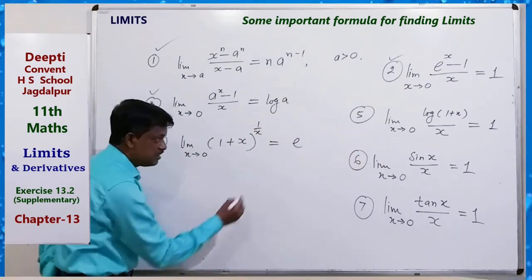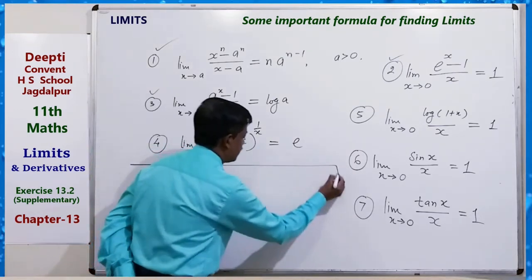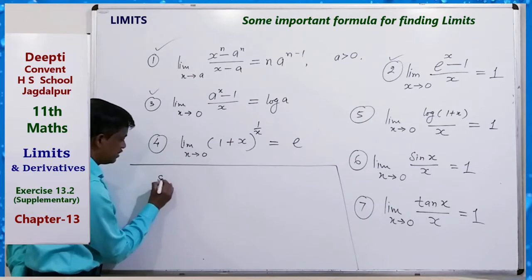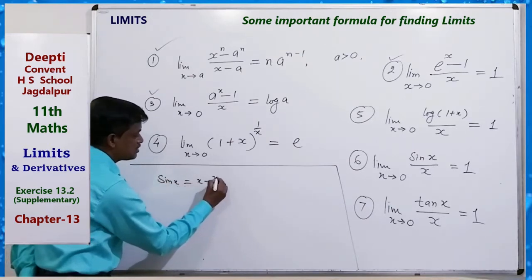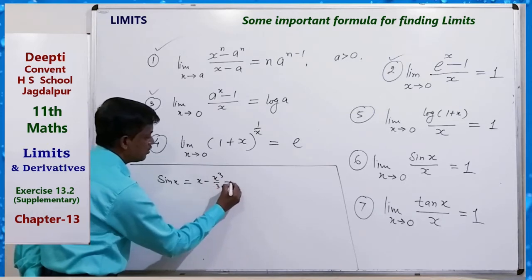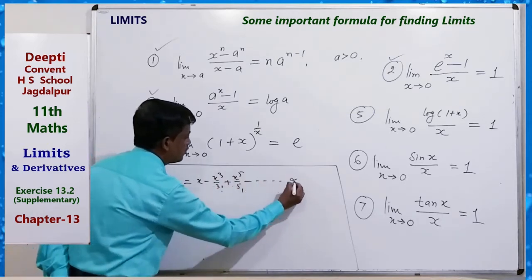Just like the sin series, we know the sin series: sin x equals x minus x cube by 3 factorial plus x power 5 by 5 factorial and so on up to infinity.